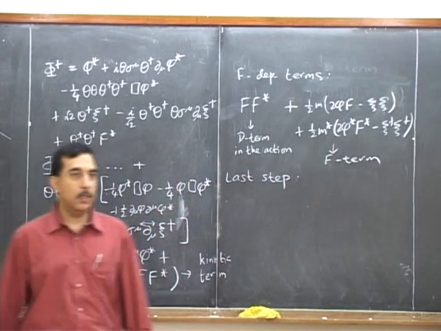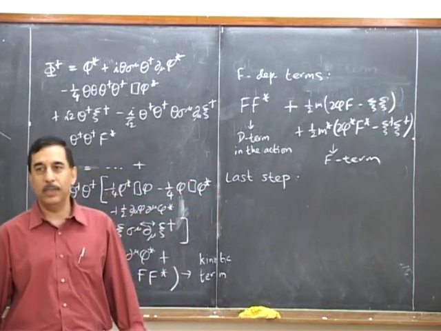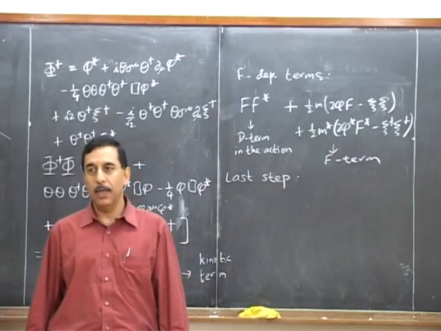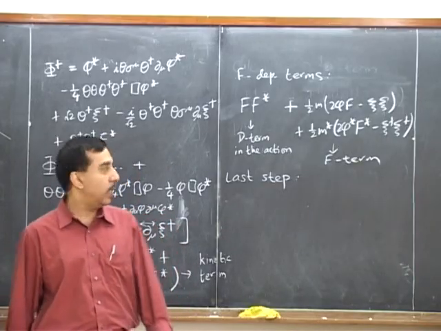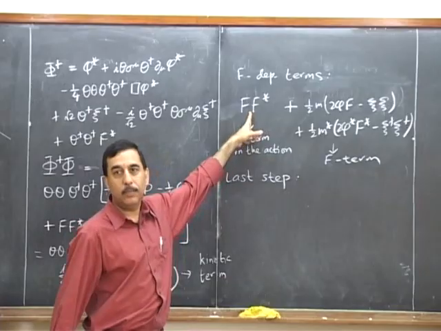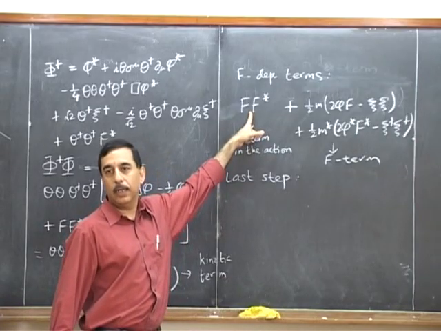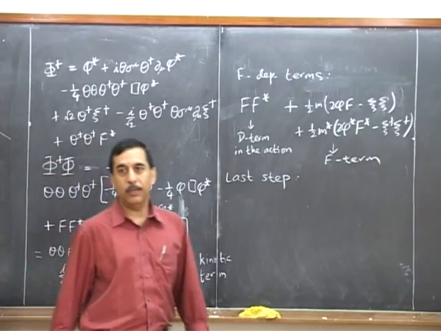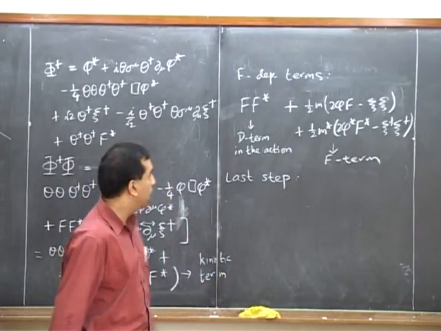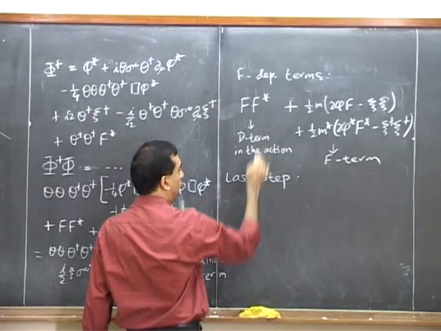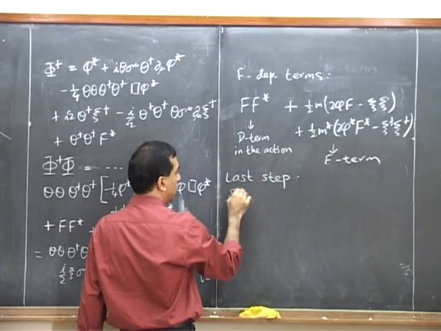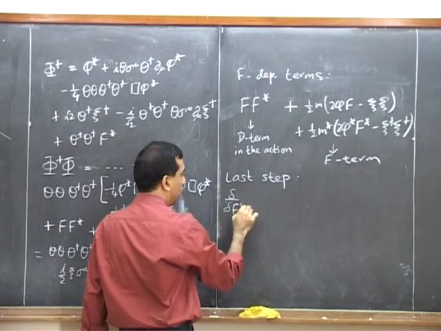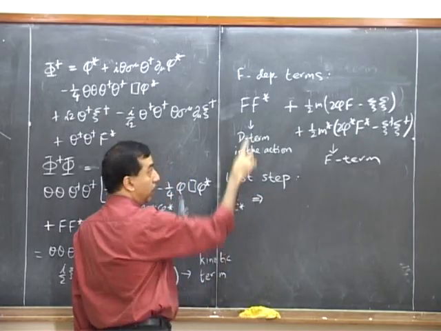Integrating out a field doesn't normally mean taking its equation of motion, solving it and substituting it back. But when it's a non-propagating field which has a non-derivative kinetic term, then it is the same thing. In other words, we can take this and we can legitimately, even in the quantum theory, write that the equation of motion for f star, for example, del by del f star, putting it equal to 0.